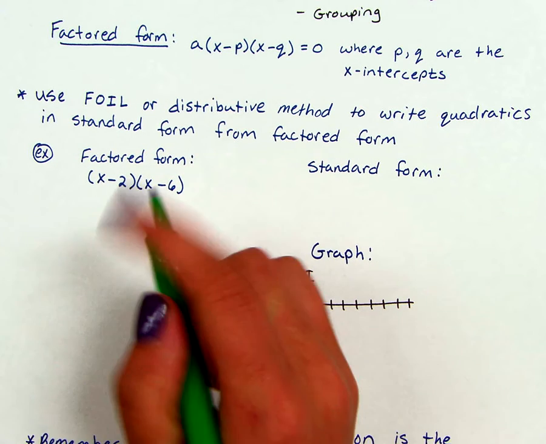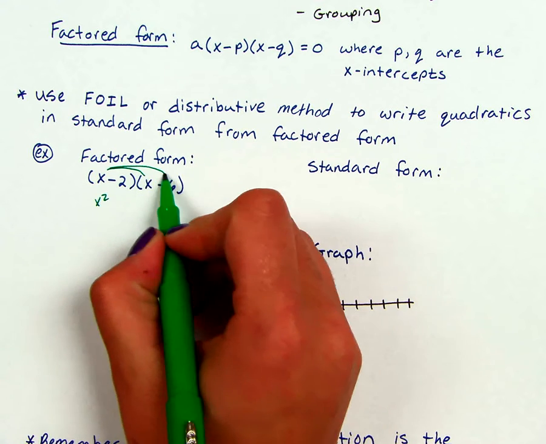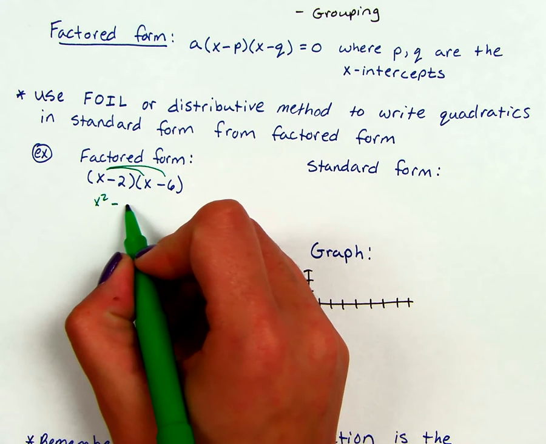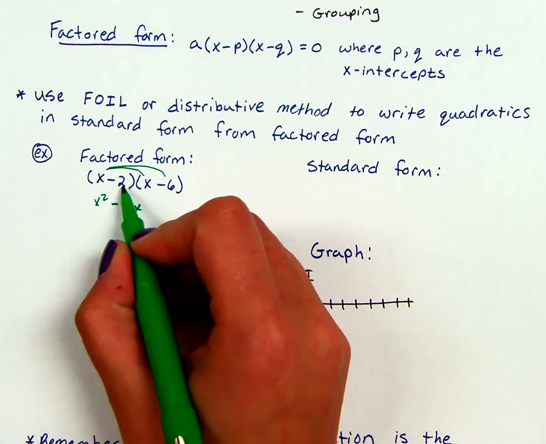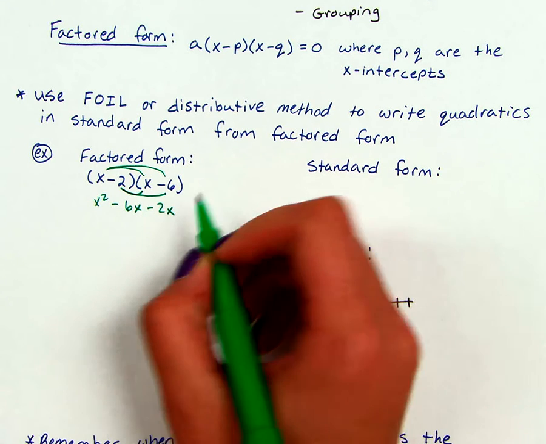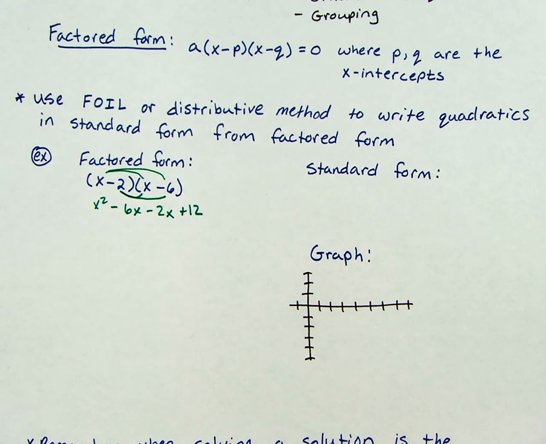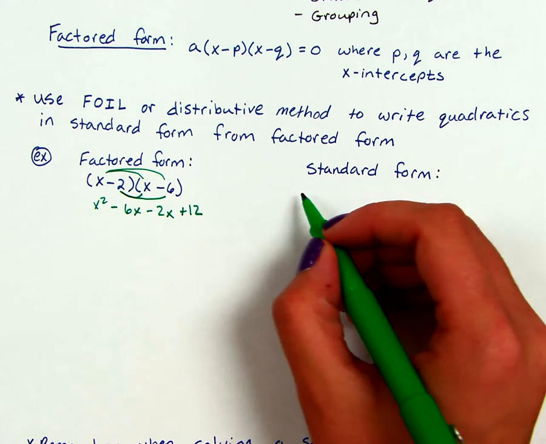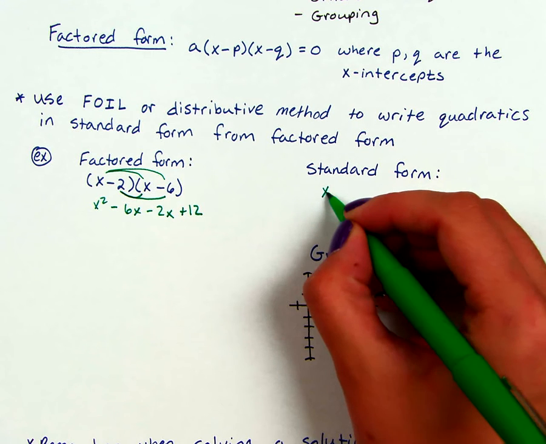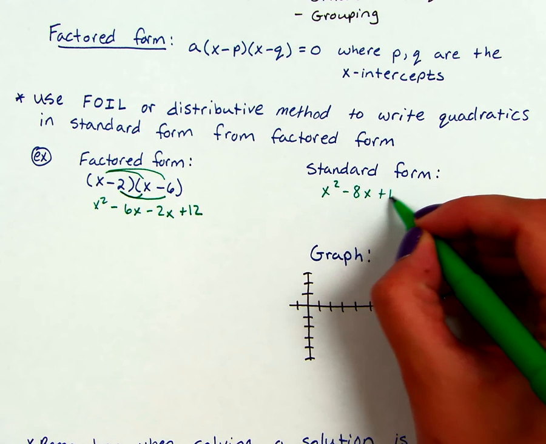We take x times x, which gives us x squared, and then x times negative 6, so minus 6x, and then negative 2 times x is negative 2x, and negative 2 times negative 6 is positive 12. Then we combine like terms. So our standard form for the same equation is x squared minus 8x plus 12.